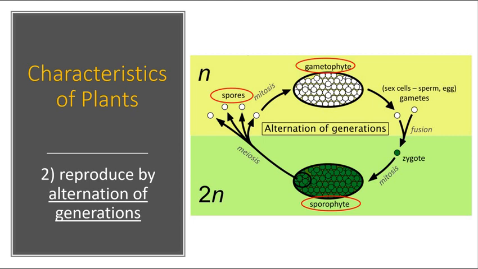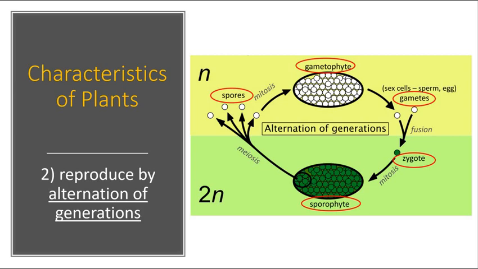Remember, phyte, plant. Now, the gametophyte is going to make the gametes, which are the sex cells, the sperm and the egg. Yes, plants have sperm and egg. Okay, when the sperm and egg combine, sometimes from one plant, sometimes from different plants, you will have a zygote, which is the combination of the sperm and egg that grows up and becomes the sporophyte. Okay, so it just keeps going around and around like that.